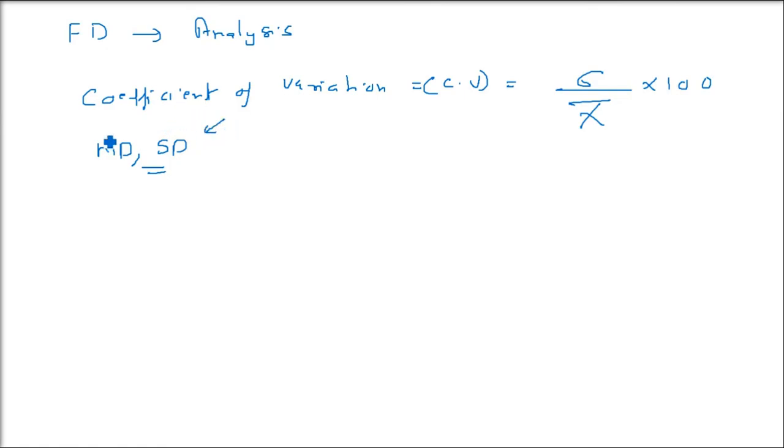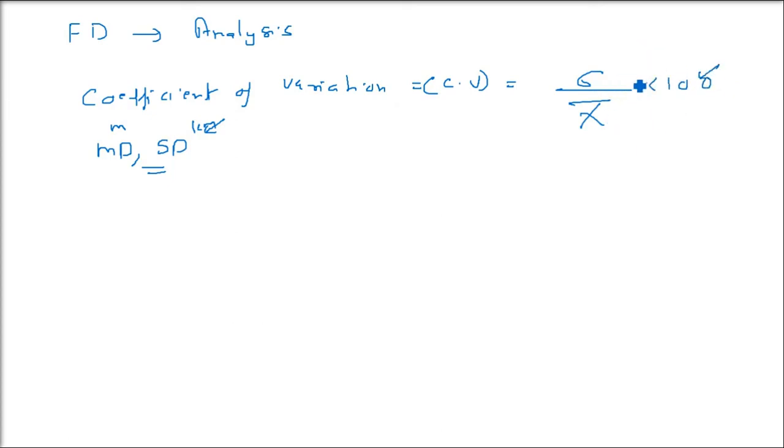So we need something which is independent of the units, which is what we are introducing here: coefficient of variation, CV. The coefficient of variation formula, as I told you, is sigma by x bar into 100. So in this analysis of frequency distribution, we have a new formula here. What you will do is find out the standard deviation, divide by mean, and multiply by 100.